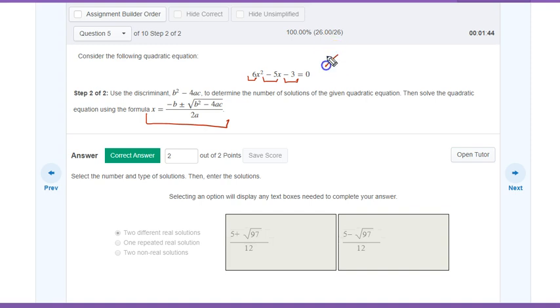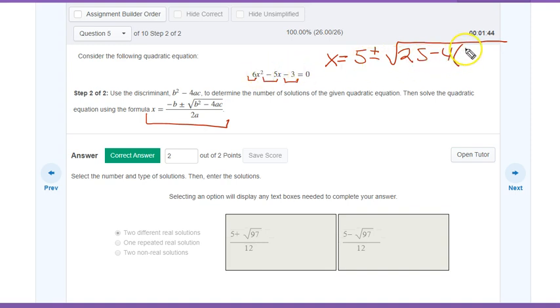So we're going to get x equals a negative b. Well, b is a negative 5, so a negative b would be a positive 5, plus or minus the square root of b squared, which is 25, minus 4.